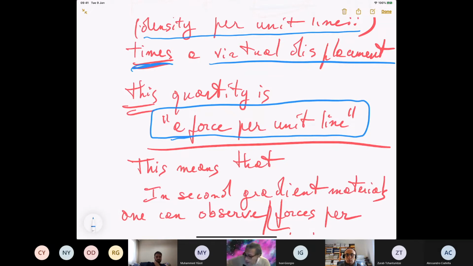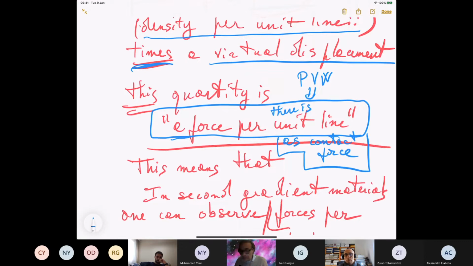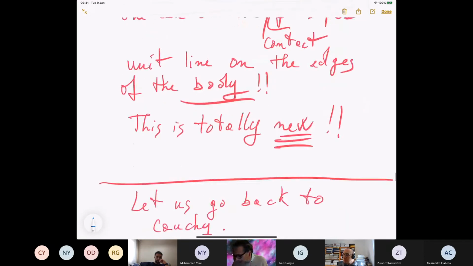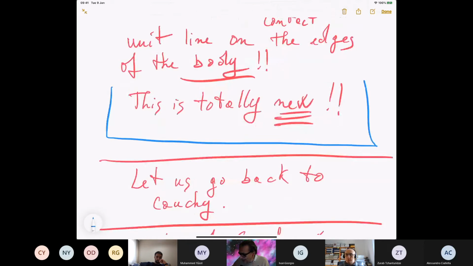So the principle of virtual work implies there is a force per unit line as contact force. So we can have on the edges of a body contact forces per unit line. And this is totally new.